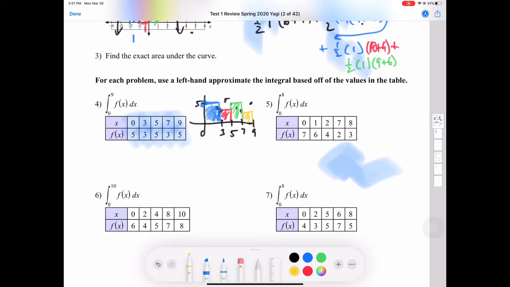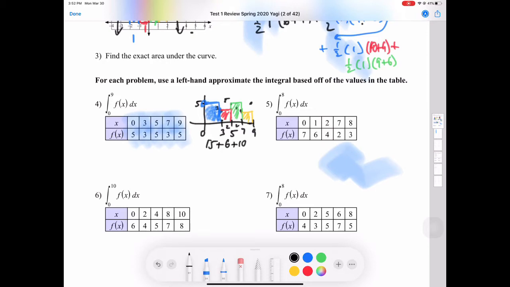So what would the area be? Well, remember, area is always base times height for rectangles. So it's going to be 3 times 5 is 15. That's my first value. The second part would be between 3 and 5, isn't that a 2? 2 times 3 is 6. Between 5 and 7, that is 2, and the left is going to be a 5, so 2 times 5 is 10.